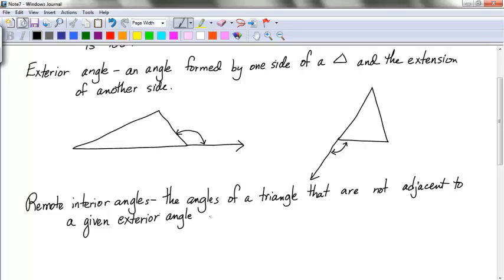So it would not be this one, it would be these two. Those would be the remote interior angles. If this is the exterior angle, the two that are not adjacent to it would be this one and this one.